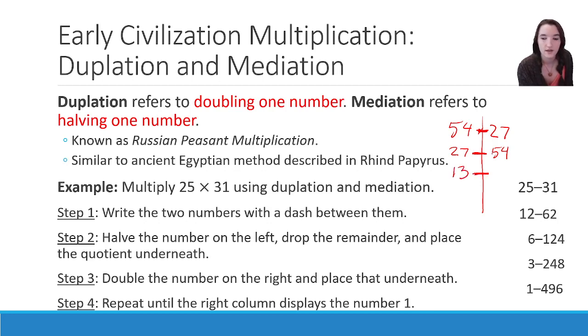Then doubling the 54 is 108. Half of 13 is, again, 6.5, but I'm going to drop that 0.5. So I just put 6. Doubling the 108 gets me 216. Half of 6 is 3.